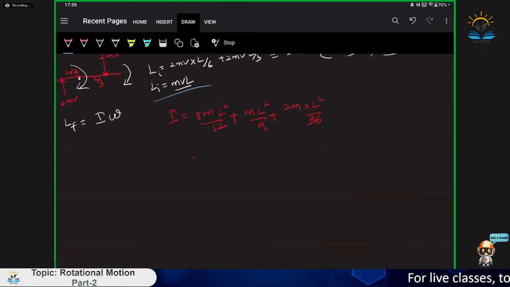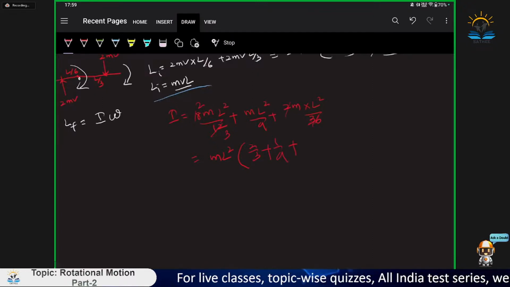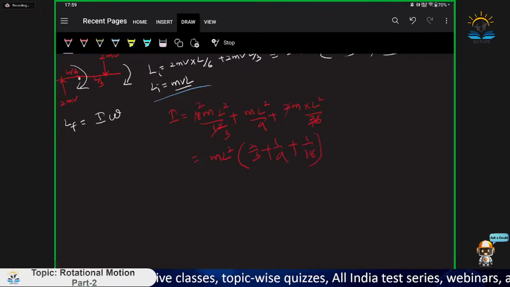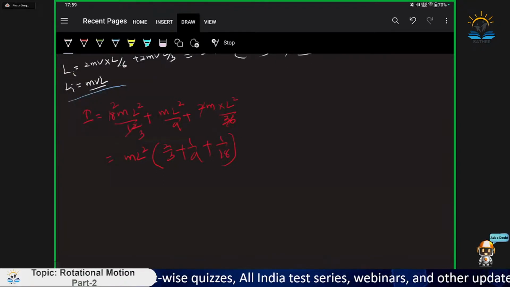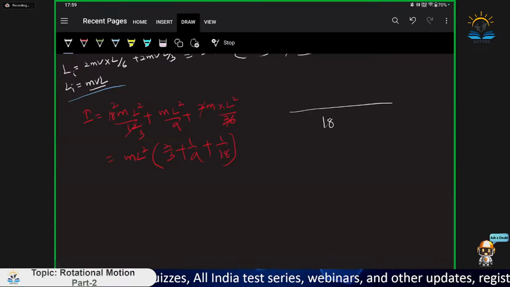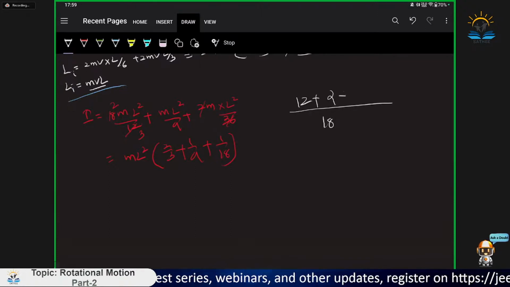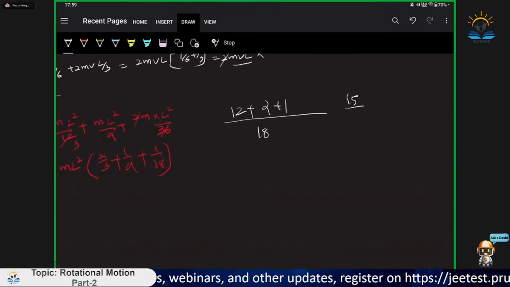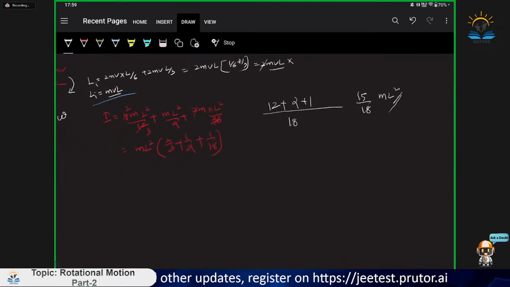Okay, so we can take m L square common. 8 by 12 we can cancel, 2 by 3 plus 1 by 9 plus 1 by 18. Here also I'm taking 18 common. So 12 plus 2 plus 1, that is 15 by 18 m L square. 15 by 18 m L square is I.